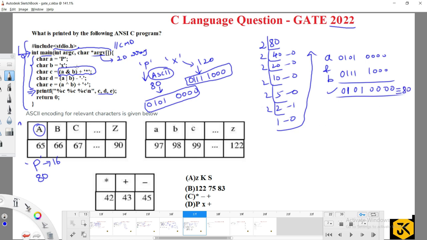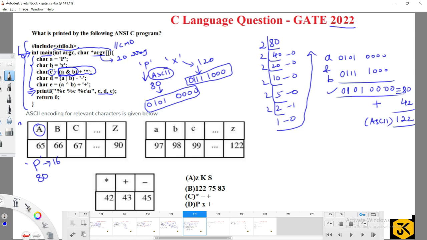Up to here we did A and B. On this, an addition operation is going to be done. Addition on numerical values acts as a normal addition operator. The ASCII value of star is 42, and 80 plus 42 is 122. This is again an ASCII value the system is going to treat.